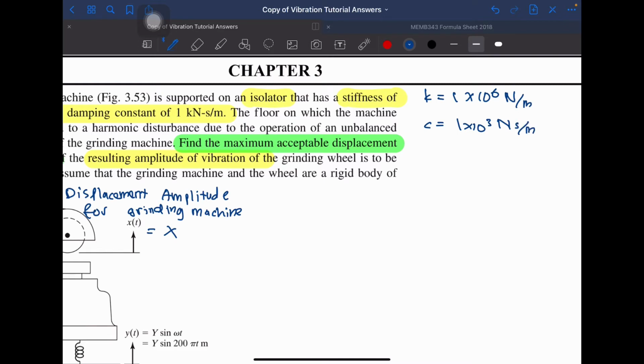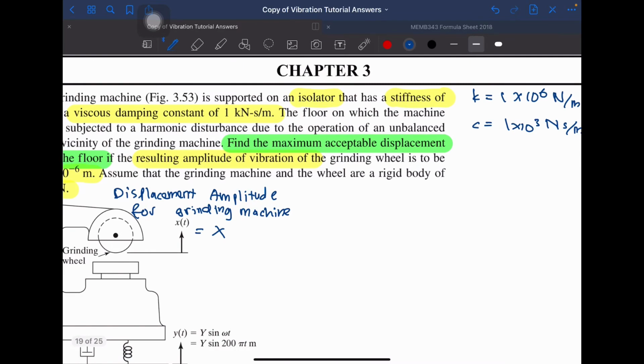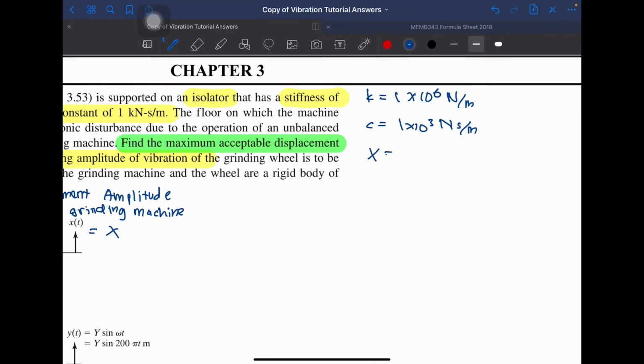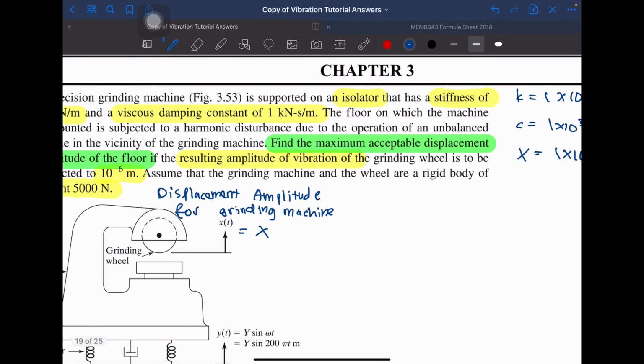The amplitude of the grinding machine or the grinding wheel is given as 1 times 10 to the power of negative 6 meter, so x is already given. And the weight is also given, 5,000 Newton.